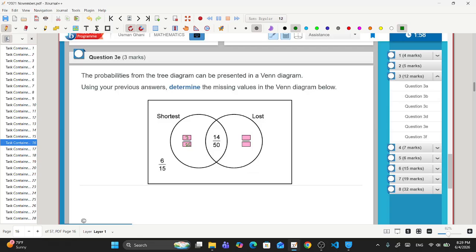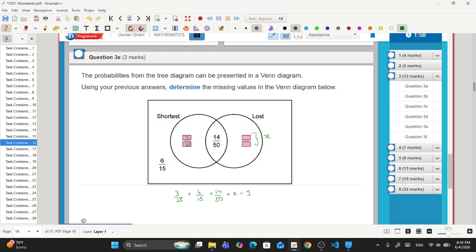Now, you all should be aware of the idea that the sum of probabilities is always going to be equal to 1, right? Total probabilities are always going to be equal to 1. So let's consider this value as x. So I can say that 3 over 25 plus 6 over 15 plus 14 over 50 plus x equals 1, isn't it?